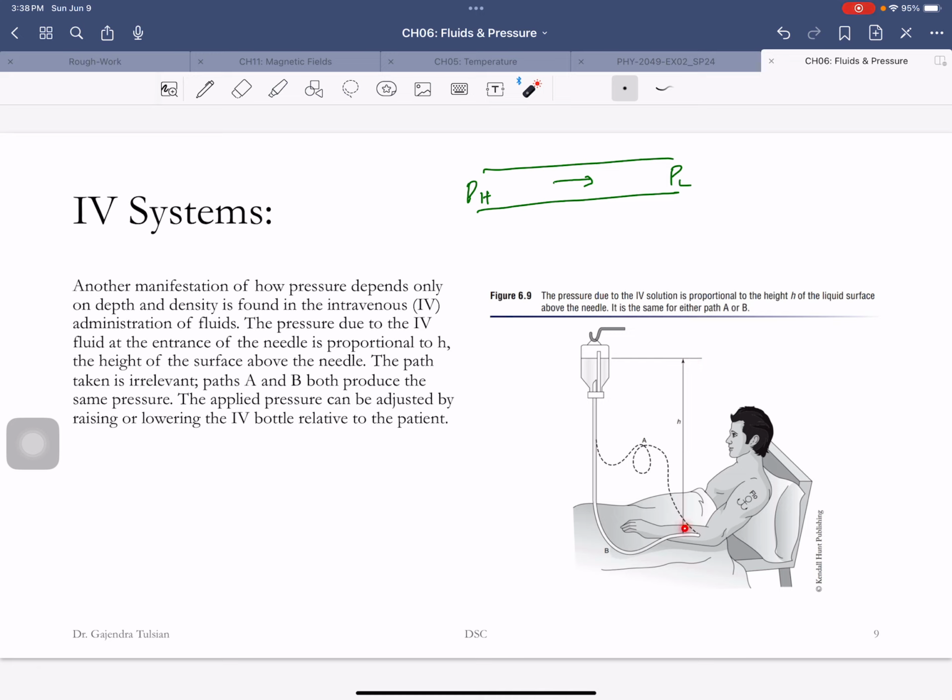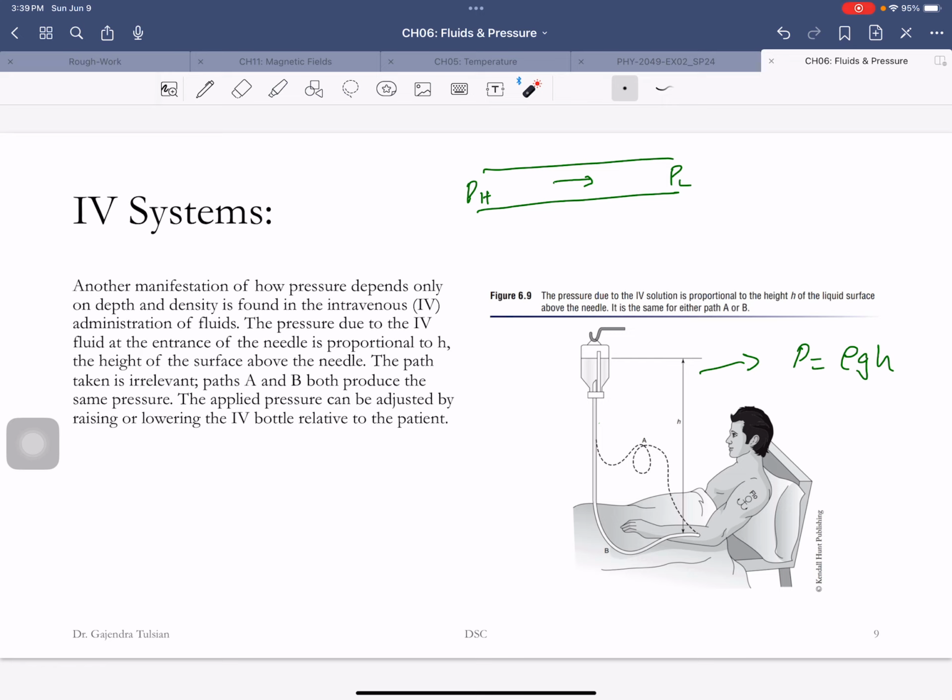The gauge pressure here is the density of this intravenous fluid, which is essentially the density of water, times this height. What you want is for this pressure to be greater than your systolic pressure, and so the fluid will flow into the patient.